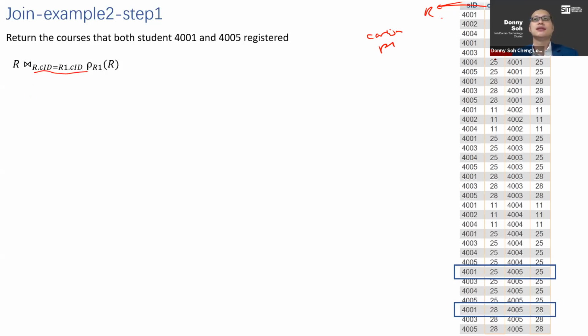So notice that in this output, I already have both of these to be the same. What I'm trying to do is find which are the course IDs with both of these being the same. And then the next step is to find which one has the first ID to be 4001 and which one has the second person to be 4005.